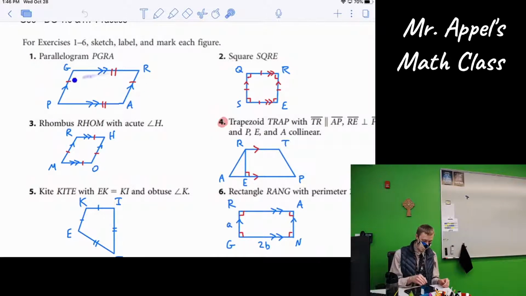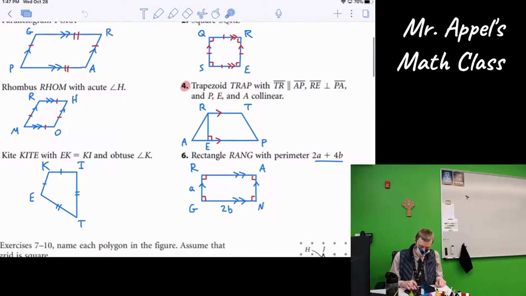Again, you might have had your letters swapped around a little bit. Make sure H is on one of the acute sides. K has to be obtuse, and these have to be similar, so they kind of have to be in this order. But otherwise, those were mostly done.